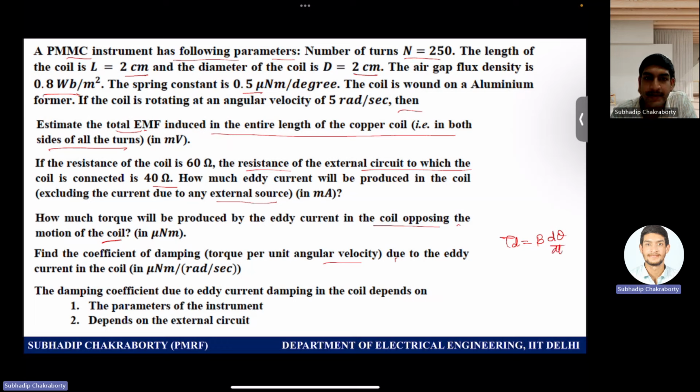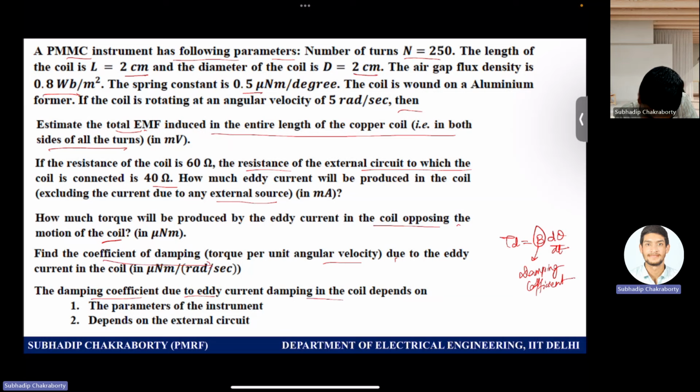It is a velocity dependent torque with a constant B. So don't confuse it with that B, which is the flux density. It is just a constant damping coefficient, we can say. And it is asking you to find the coefficient of damping.